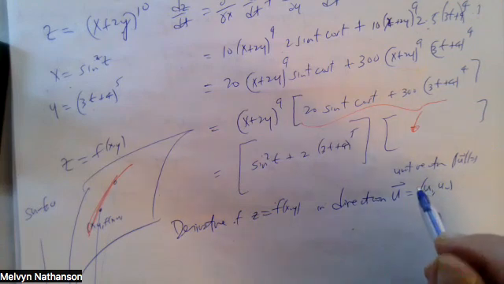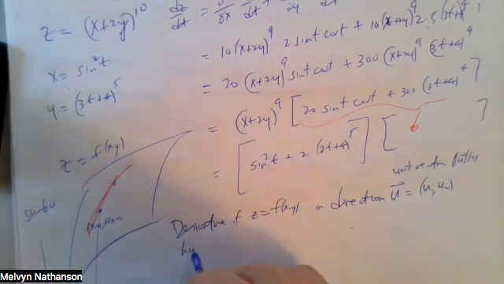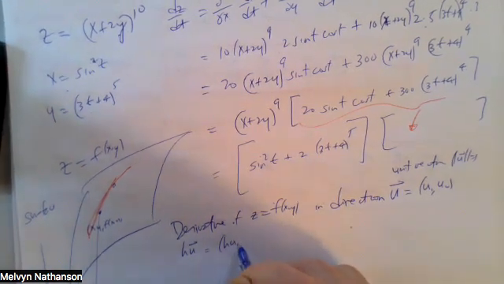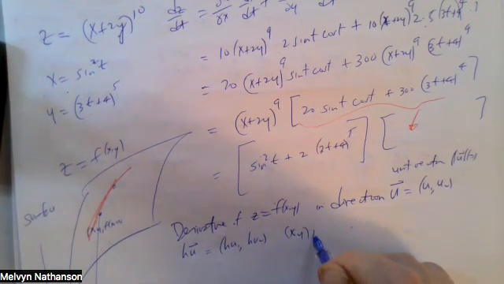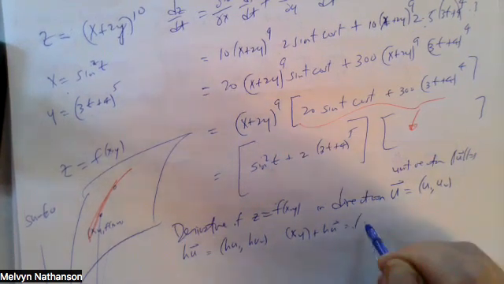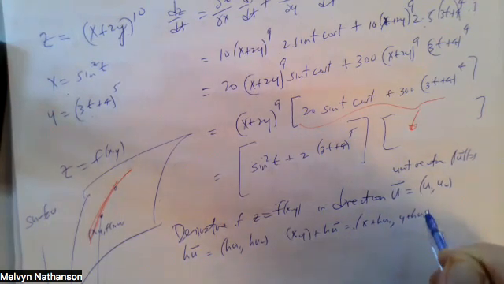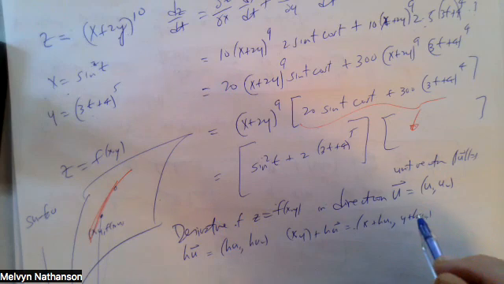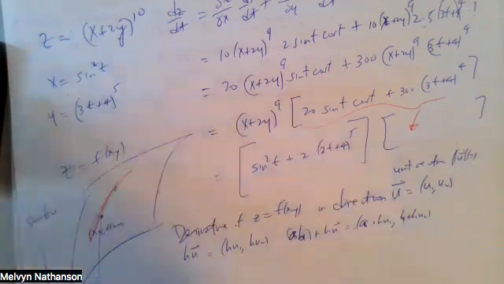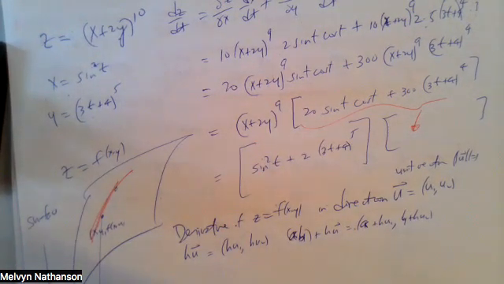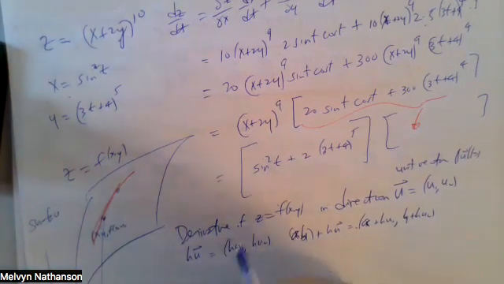How will we define that? We would say, well, if we go a certain distance h in the direction u, hu is the vector (hu1, hu2). So (x, y) plus hu is the vector (x plus hu1, y plus hu2). Or at a point (a, b), just to use the same notation that the book is using, if we have some point (a, b) and we look at where it sits on the surface, I'm interested in the rate of change.